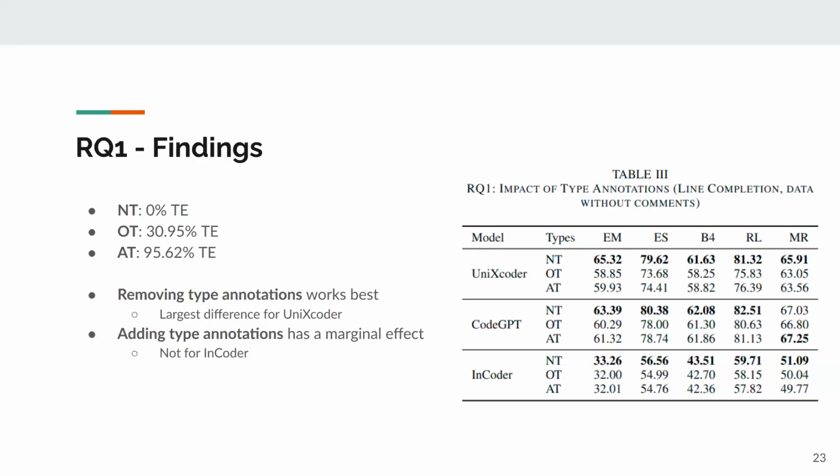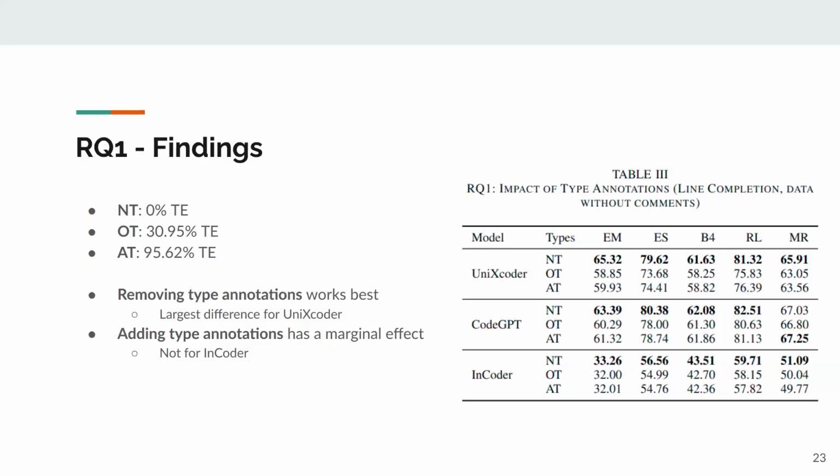But interestingly, adding type annotations also seems to have a marginally positive effect. We can see that for Unix Coder and for CodeGPT, if we compare the version with 31% type explicitness to the version with 95% type explicitness, it actually gets a very small amount better if we just compare these metric values.